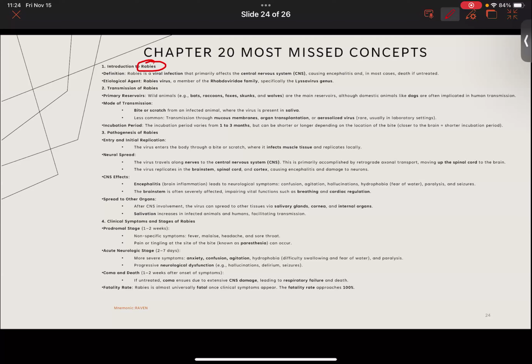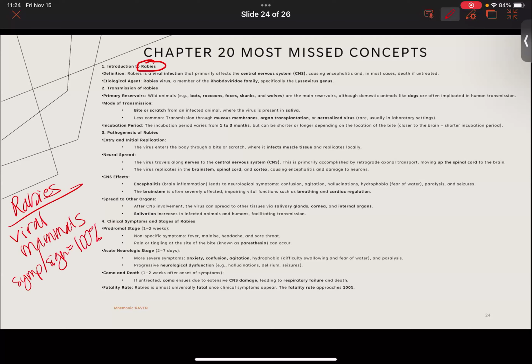So this is a virus. This is a viral infection. You should know that. Okay. It's transmitted in mammals. If you have symptoms or signs, it's almost always 100% fatal. I say almost always 100%.